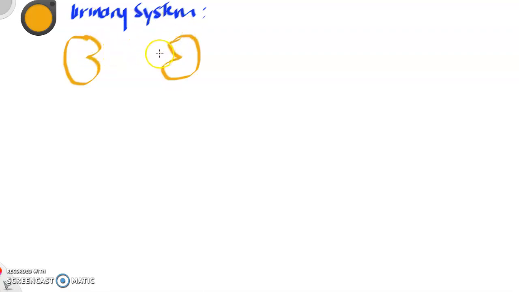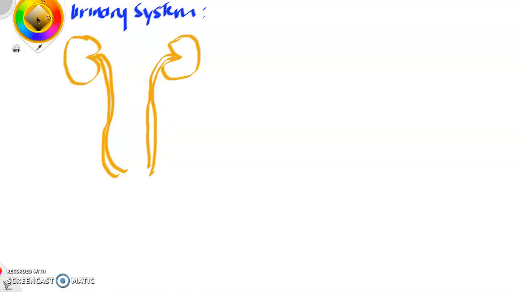And these kidneys are connected by these little tubes. These tubes that we call ureters. So here's kidney and kidney, right and left kidney.